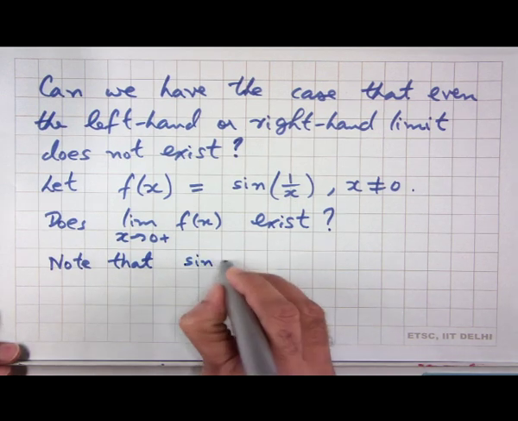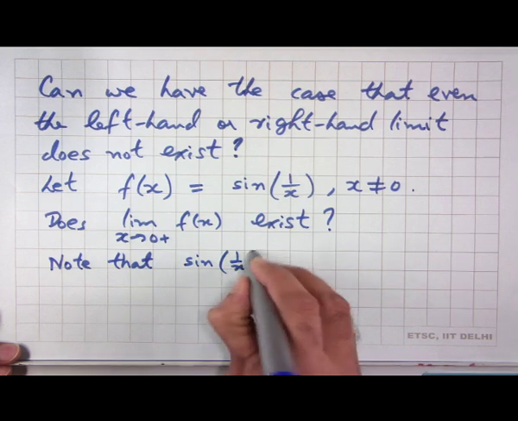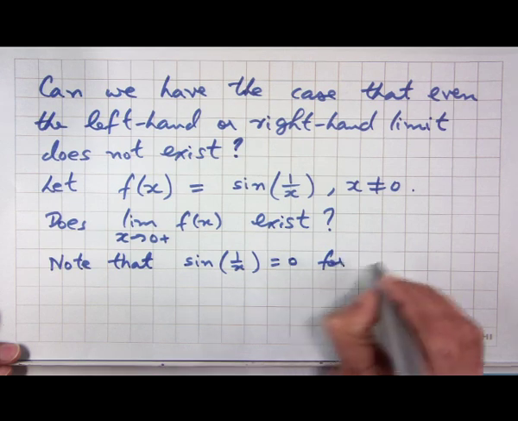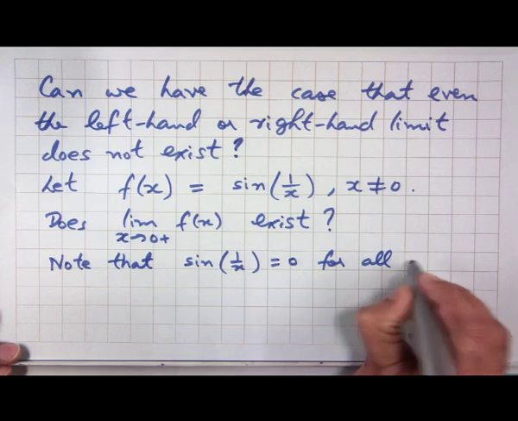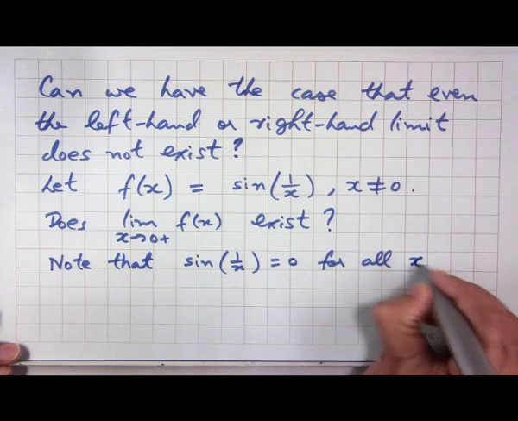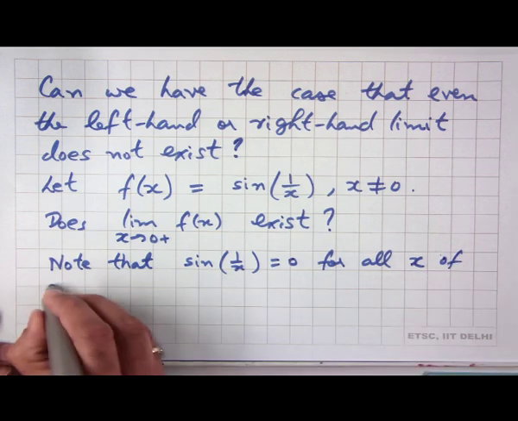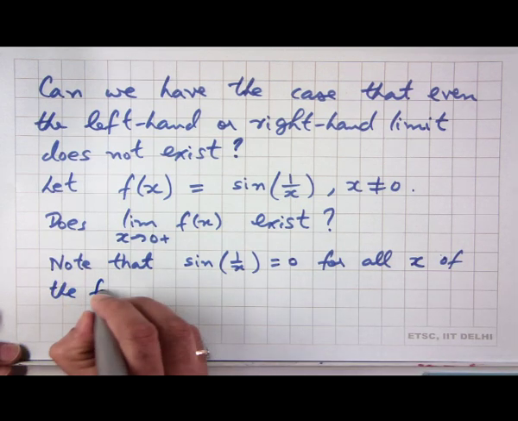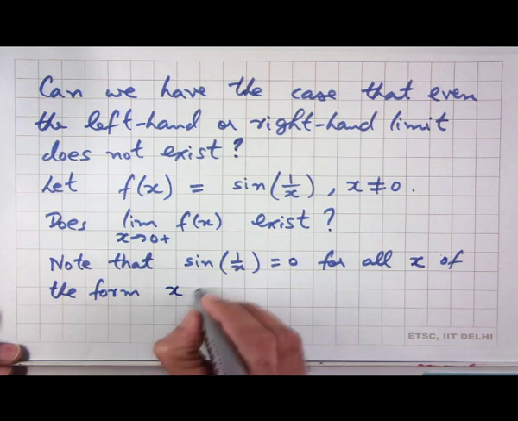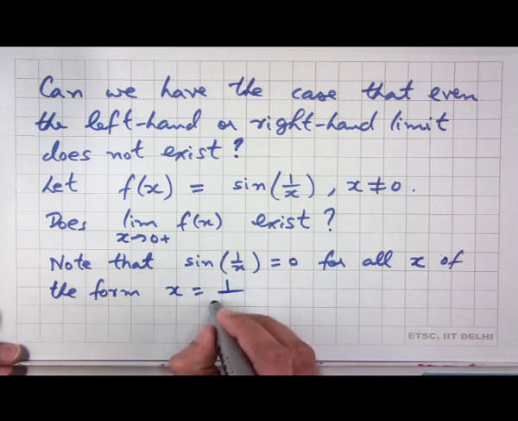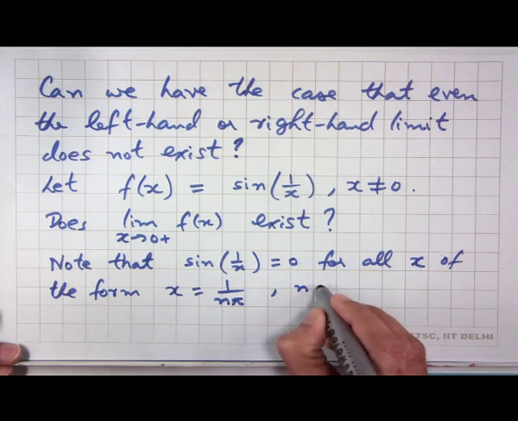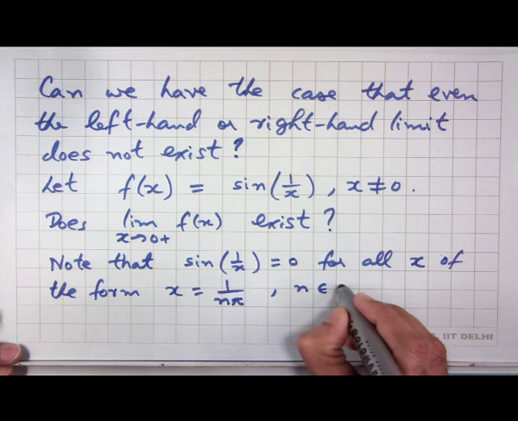sine 1 by x is equal to 0 for all x of the form x equal to 1 over n pi, where n is a natural number.